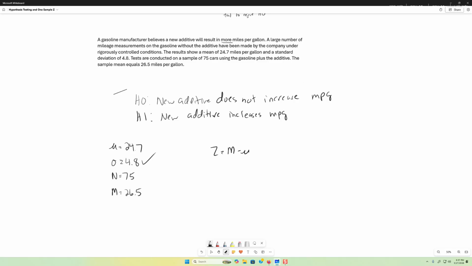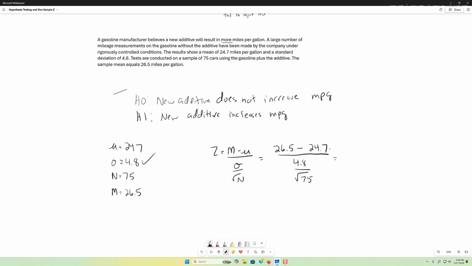So we need Z. Z is the mean minus mu over sigma divided by the square root of n. 26.5 minus the population mean, 24.7. That's the historical average, and the 26.5 is the new sample, the new additive. The historical standard deviation is 4.8, and we take the square root of 75.